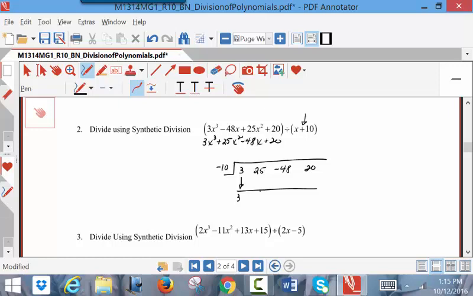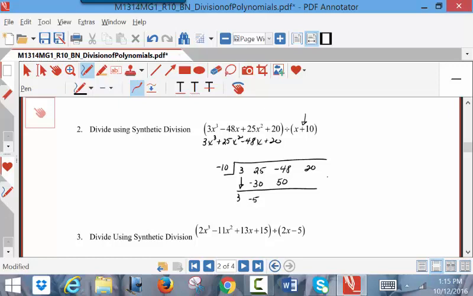Okay, here we go. Multiply. -10 times 3 is -30. Now add. 25 plus -30 is -5. Multiply. -10 times -5 is 50.